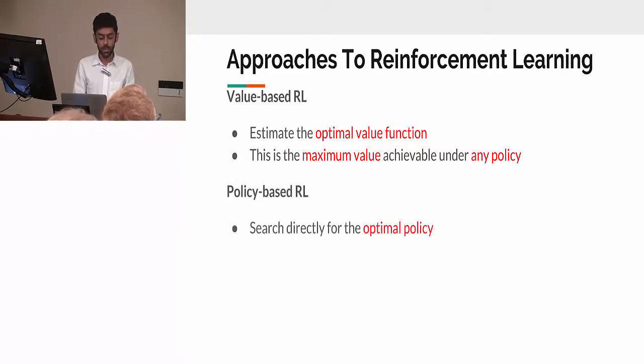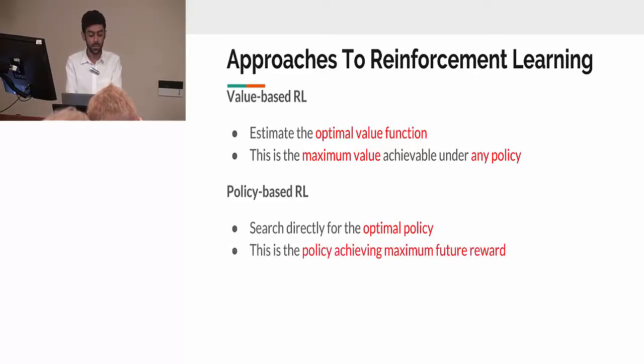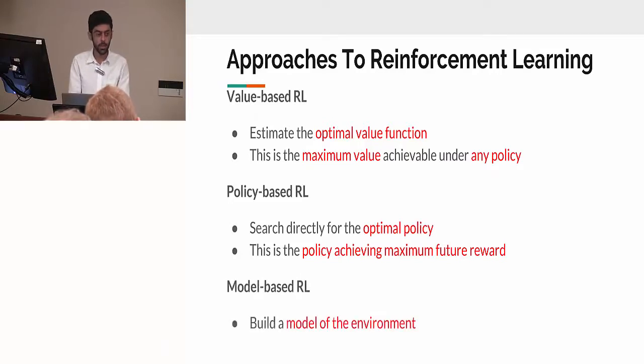Policy-based reinforcement learning, on the other hand, directly tries to optimize the policy, which means finding the policy that achieves the maximum future reward. Model-based tries to build a model of the environment, and again, plan by using that model. So basically, all three of them are solving the same problem with three different approaches.